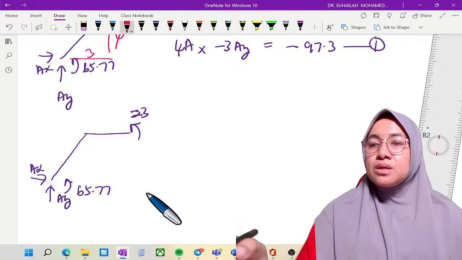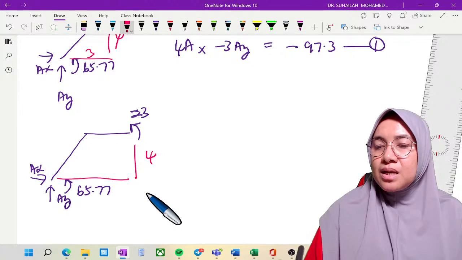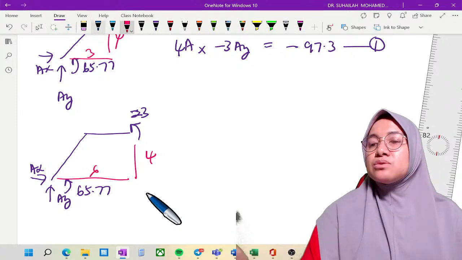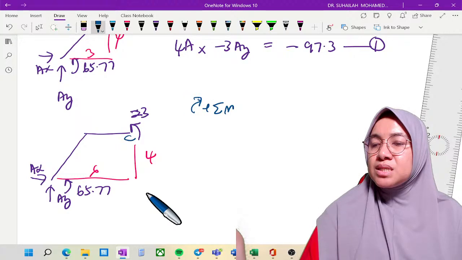This is 4 meter, so let's say 3 plus 3, this is 6 meter. Taking moment at C equal to 0, we will have negative 65.77 minus 23 minus 4AX plus 6AY equal to 0.